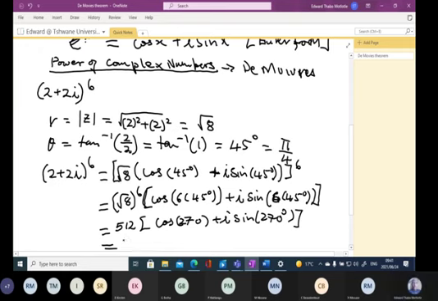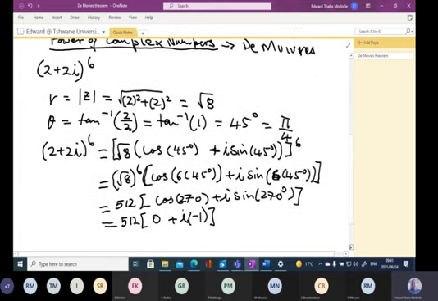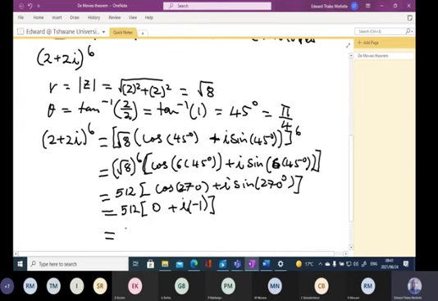So it's 512 times 0 plus i. Now let's check sine 270. It gives me negative 1. Then from here we can conclude that this power will be equal to negative 512i. So now we have managed to determine this power using De Moivre's theorem.